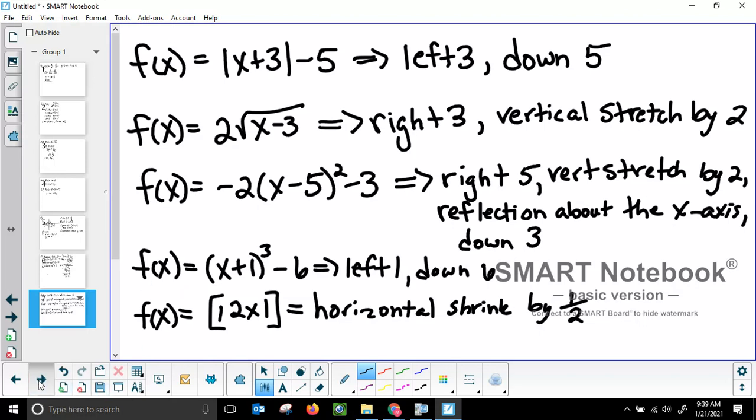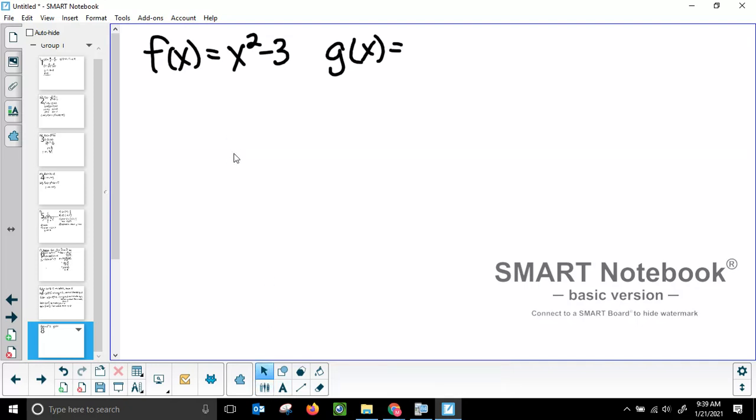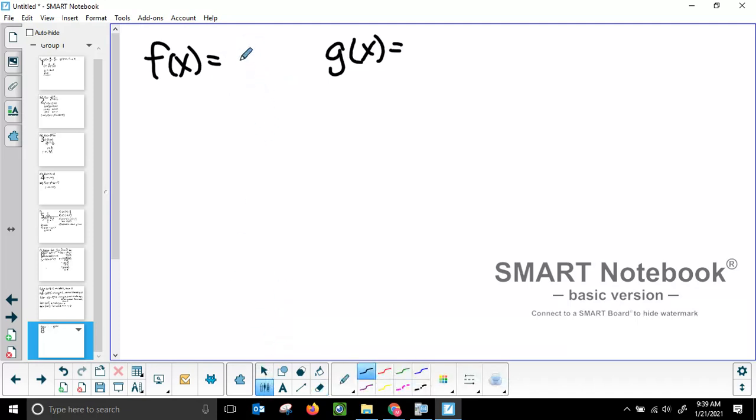Looking at number 7, it says, given f of x is equal to 2x plus 1, and g of x is x squared minus 3.